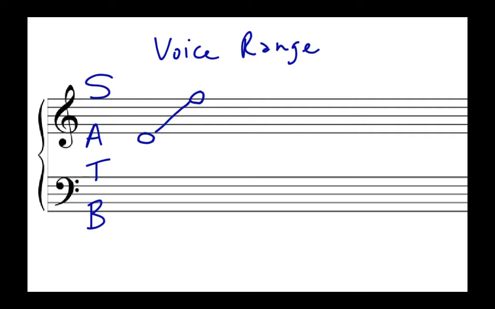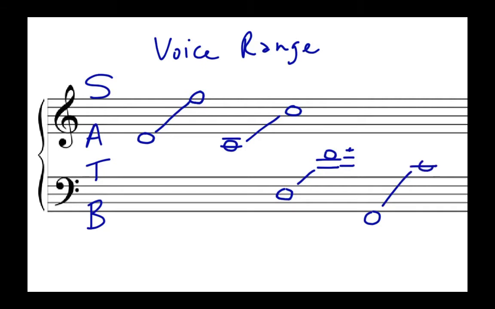Then for alto, the lower female voice part, we're going to let them go down maybe to an A, and up as high as, say, possibly a C. For tenor, the higher male part, possibly as low as a D on the bass clef staff, and on up to an F. You could possibly go up a little bit higher, to that G, but we don't want to stretch it too much. And then the basses down to an F, and then their high note up to a C.